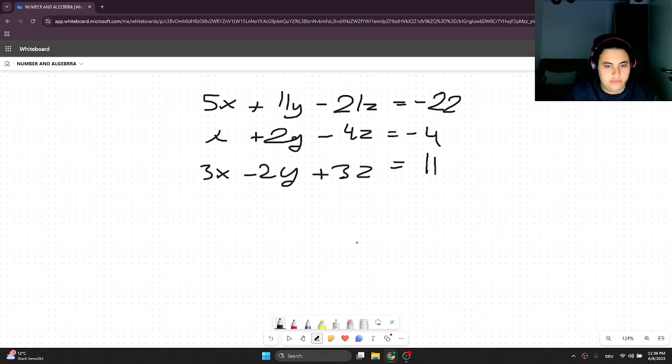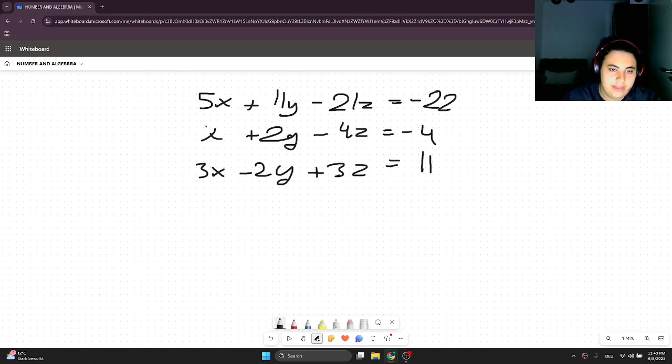So what am I supposed to do first? Well, first of all, you can look at your system of equations and simplify it. What I usually like to look at is whether my first simultaneous equation has a coefficient of x that is 1.